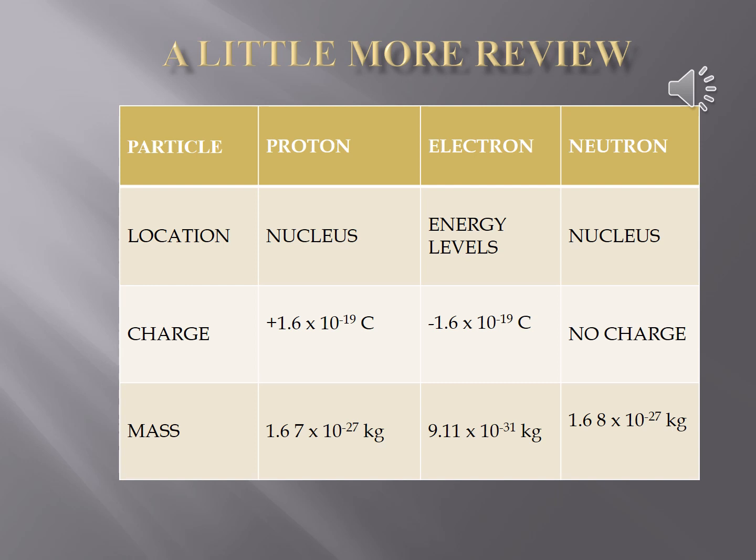So if you know the atomic number and the charge of the atom, then the number of electrons is easy to find. For instance, hydrogen has one proton, one plus. So in order for the hydrogen atom to be neutral, it must have one minus charge. Therefore hydrogen has one electron.